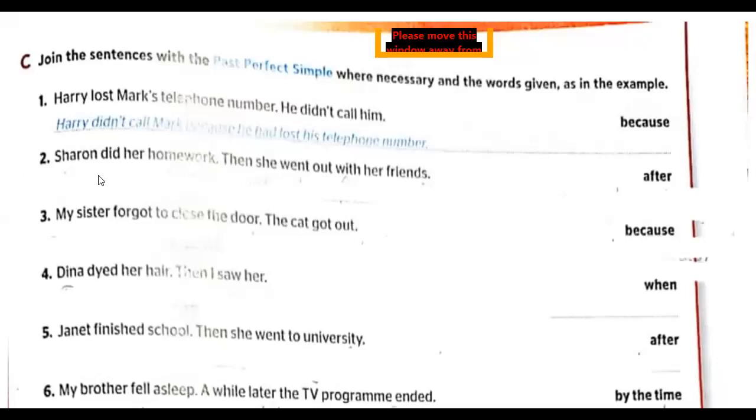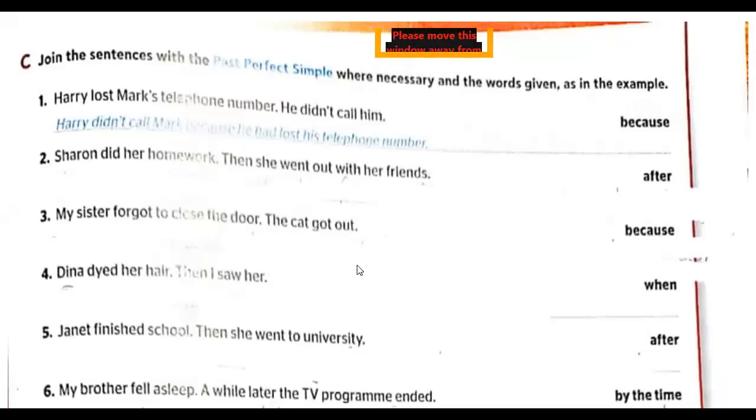Exactly. Sharon did her homework, then she went out with her friends.